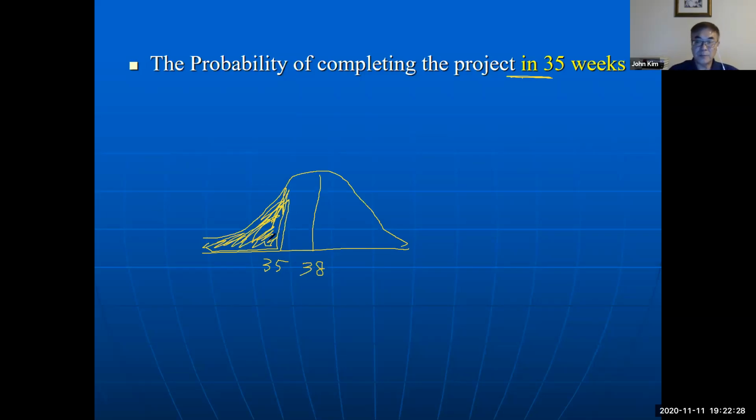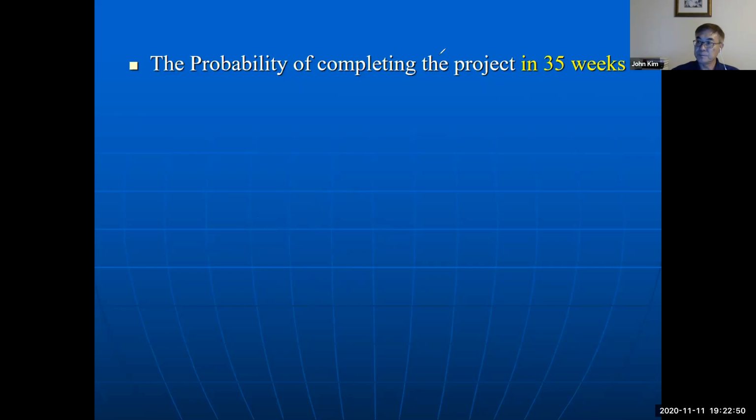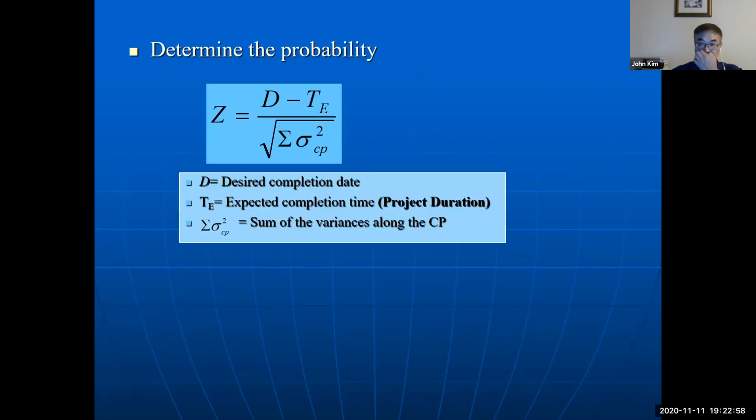So to find the probability, we need the z-score. You know, the z-score on average equals 0. But here is a negative z-score, and this way is positive z-score we can expect. To get this probability, we need the z-score on the border.